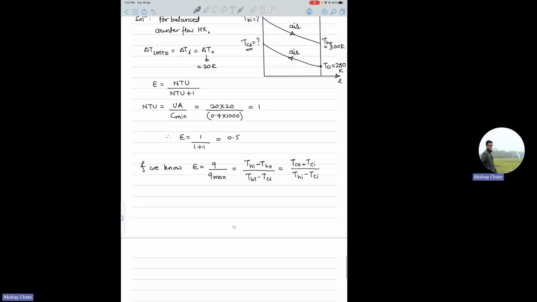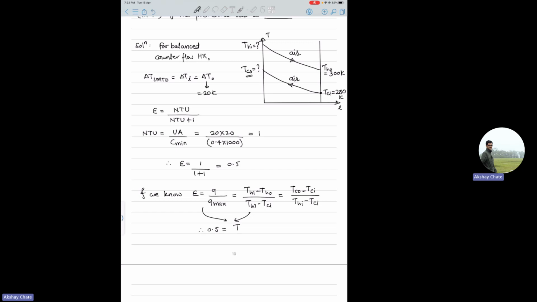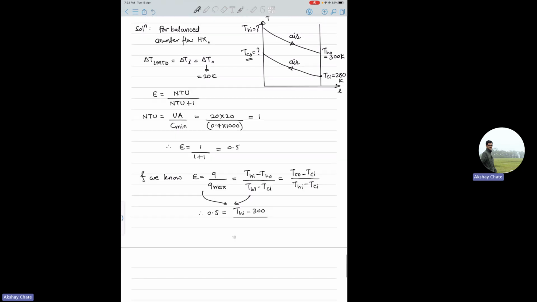Okay, so you take these two and equate. What you get is 0.5 is equal to THI is unknown, THO is known, 300, divided by THI is unknown minus TCI is known, and we can take the third thing also, no issues. TCO is unknown, TCI is 280, and the denominator is the same, THI minus 280, right?